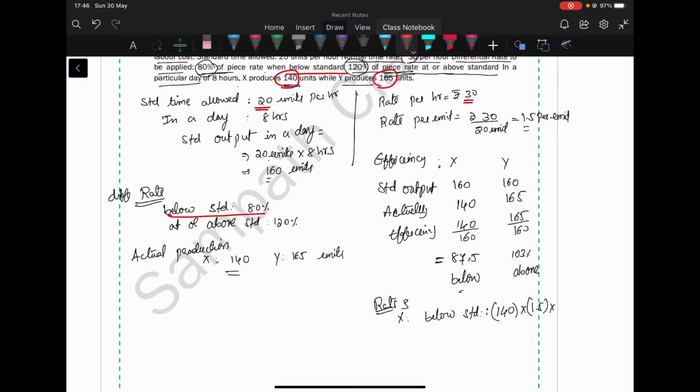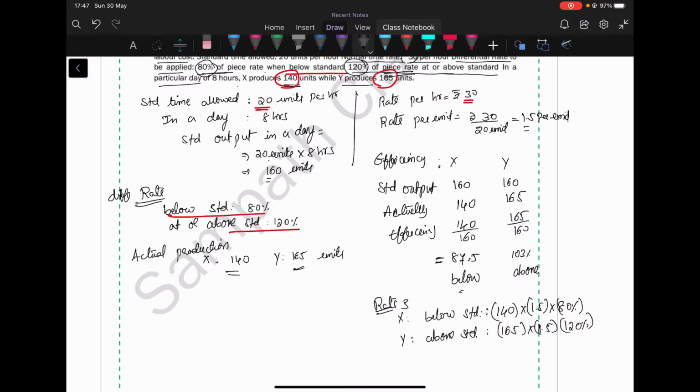See, this is what has been given, 80 percent. And Y is above standard. When above standard, he will be paid 120 percent. How many units did Y produce? 165 units.